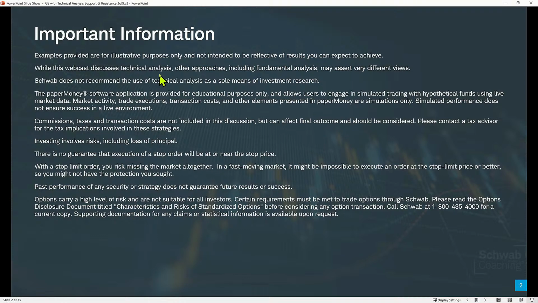This is a technical analysis class and we're discussing technical analysis concepts in it, but knowing what the fundamentals bring to the discussion, knowing what's going on in the news, what's going on politically and globally. There's been a lot of tariff talk lately and it's been on again, off again, and that certainly had an impact on the markets. So being aware of that in addition to your technical analysis acumen is important in making an informed decision.